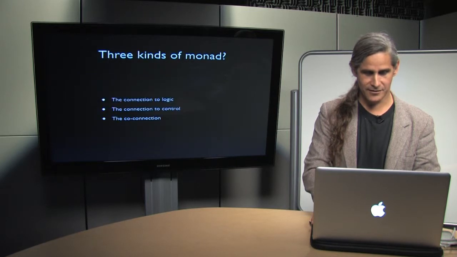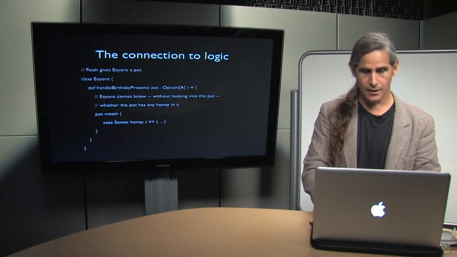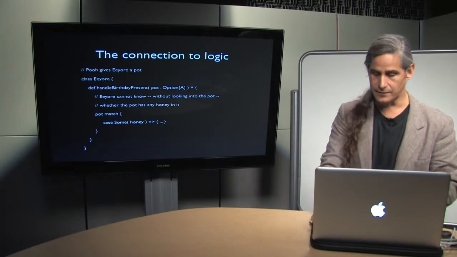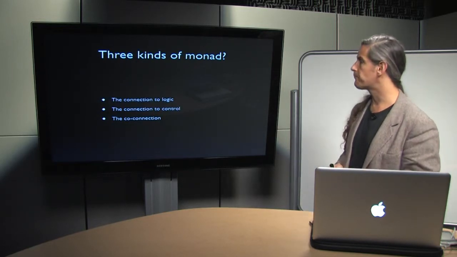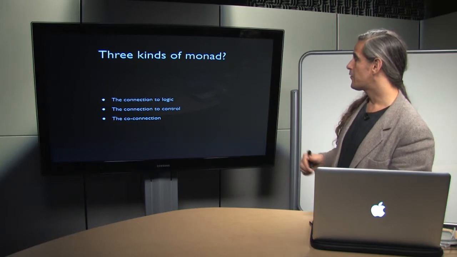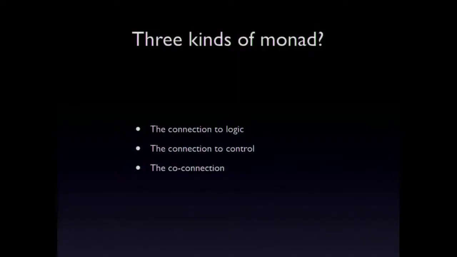All right, so it turns out that the three kinds of monad actually have connections to logic and connections to control. I think for this session, what's the time like on this now?